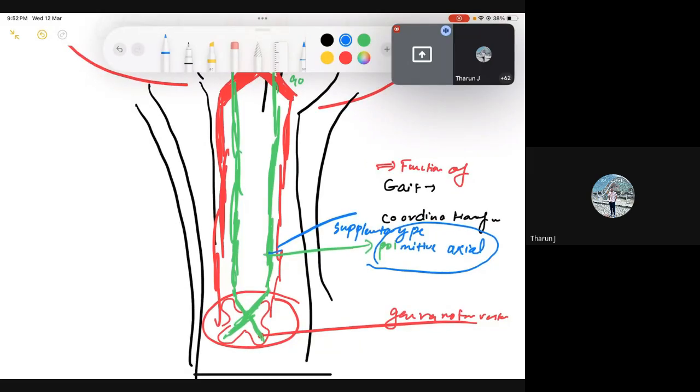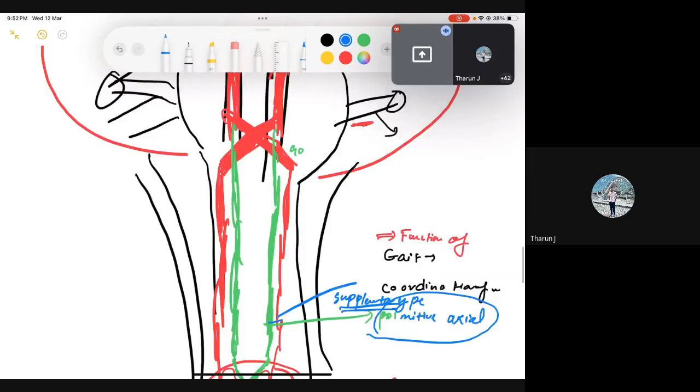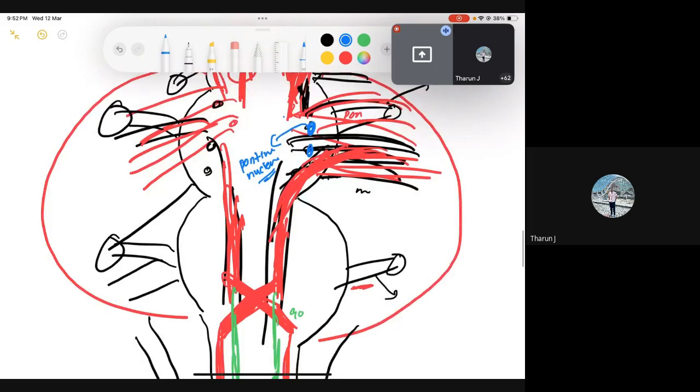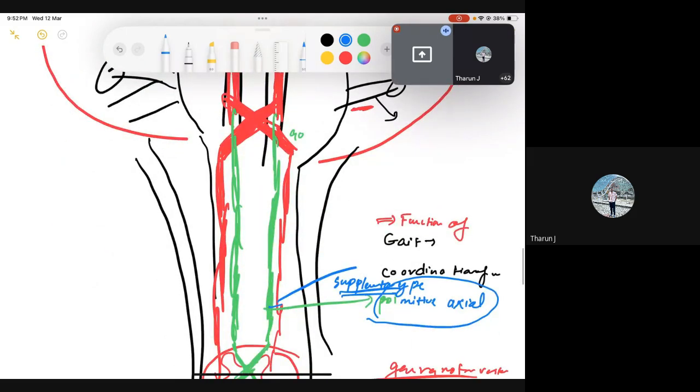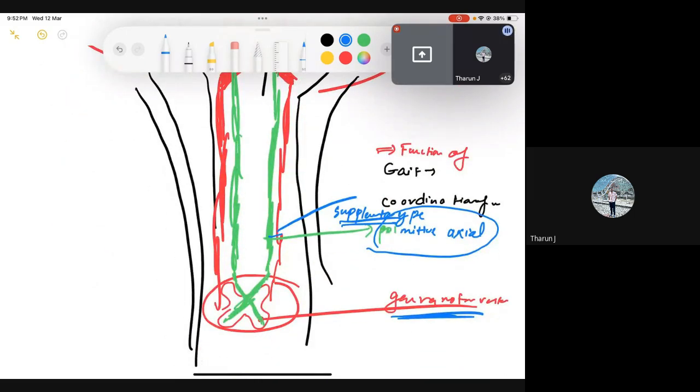Okay, so these were the fibers from the supplementary motor cortex and fibers for normal movement on the anterior horn. I guess there isn't any special word. Don't be worried if there isn't a terminology which is important.